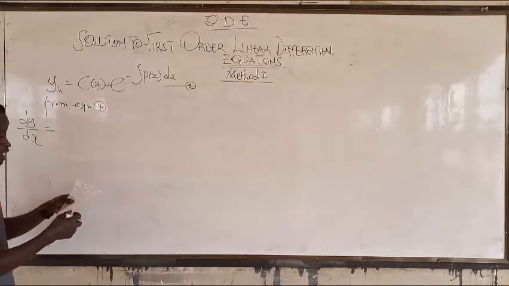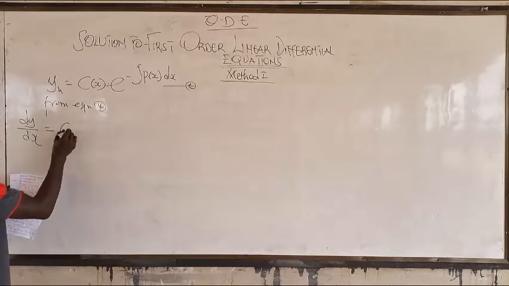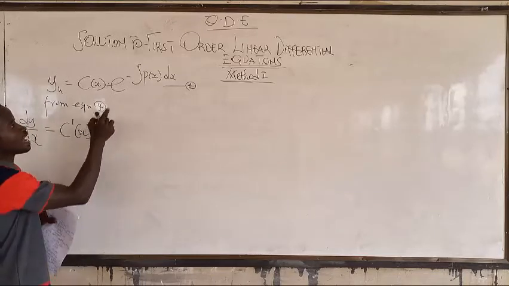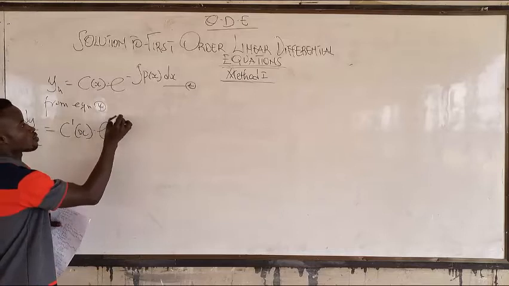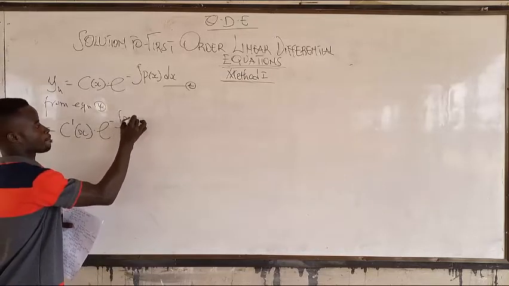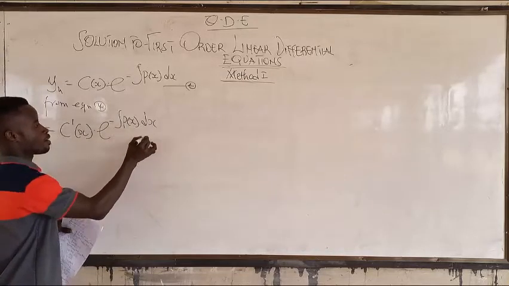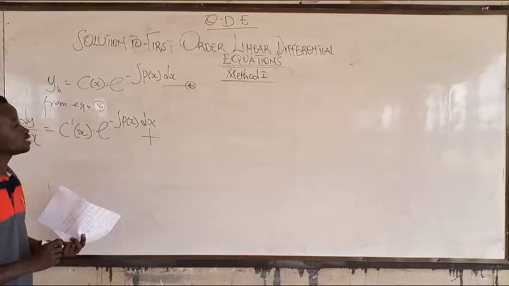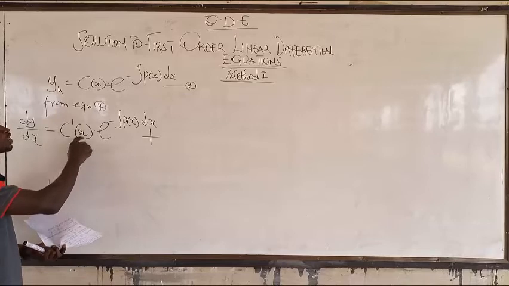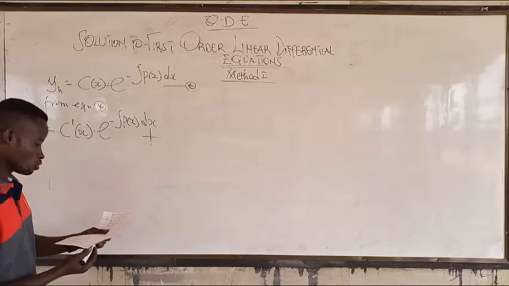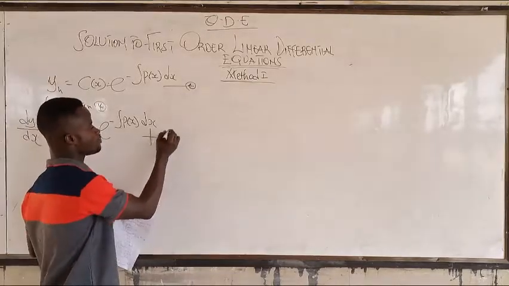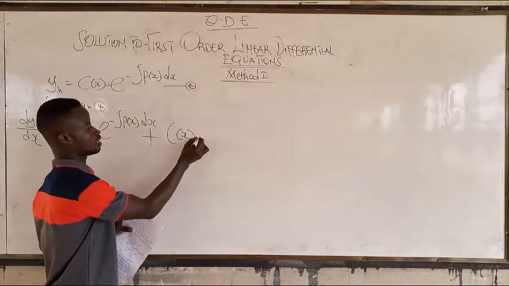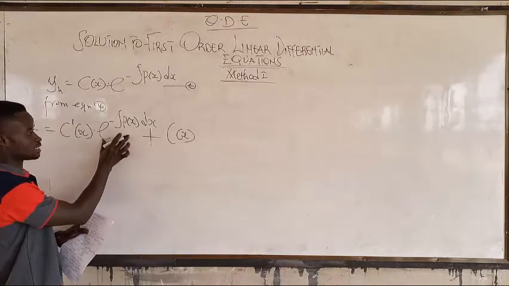So product rule says that differentiate this, then leave this. Plus, you see that we are doing product rule. Differentiate this, leave this. Now, we leave what we differentiated here. We leave that. Then we differentiate this.